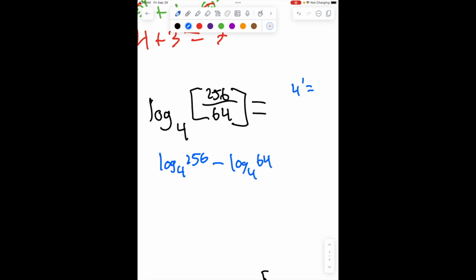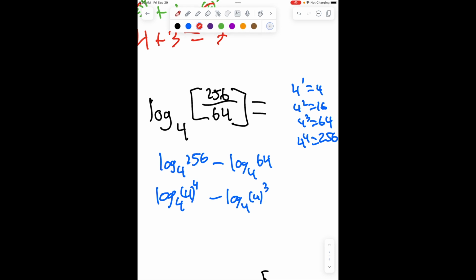Side work, 4 to the 1st, 4 squared, 4 to the 3rd. Again, you can use your calculator, but some of these you may start to just memorize, because again, you end up using them. I'm going to rewrite this as log base 4 of 4 to the 4th minus log base 4 of 4 to the 3rd. 4 minus 3 this time gives me 1.